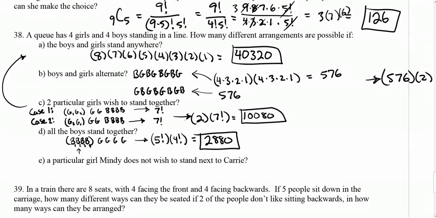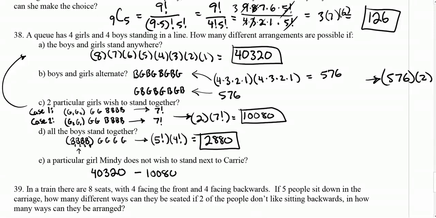And then E, a particular girl, Mindy, does not wish to stand next to Carrie. So we want to see how many different arrangements there are where Mindy is not standing next to Carrie. Well, in A, we found out that there are 40,320 ways that 8 people can stand next to each other. And then in C, we found out how many ways 2 particular girls can stand next to each other.